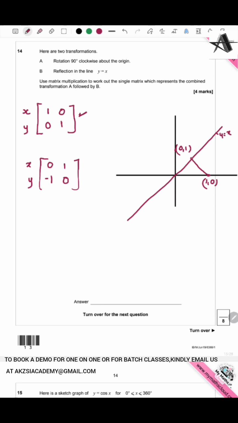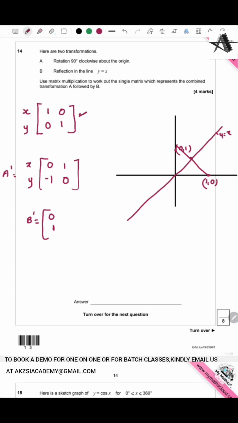Once it reaches here, you have to trace it back, because this is the law you have studied in physics as well, that the distance between object and the mirror is always equal to the distance between the mirror and the image. Similarly, whatever distance this is, we trace it back in the same direction and we get 0 comma 1. That means 1 comma 0 will become 0 comma 1. This is for B.